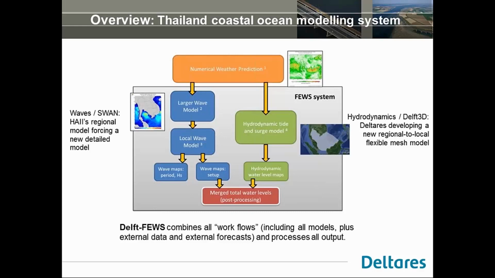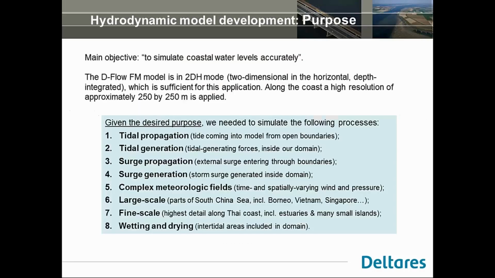And then on the right, I have the workflow with a hydrodynamic tide and surge model, which in this case, using flexible mesh, is a regional to local model. Then as you work down this sketch, you get to Delft-FEWS that combines all the workflows, including importing and exporting data and combining all the model runs, and of course, providing the visualization for the FEWS user.